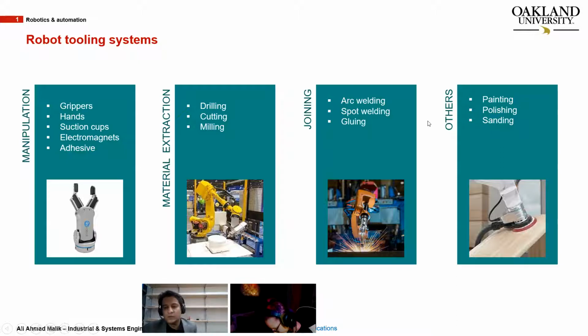Then there are a few other applications such as painting, which is now also done through robots, and polishing and sanding. By sanding, I mean if you have cast a component, then there is some excess material on the component after the casting process. To remove it, many times robots are used, and that process is called sanding. So having this classification, we will look into these different types of grippers.